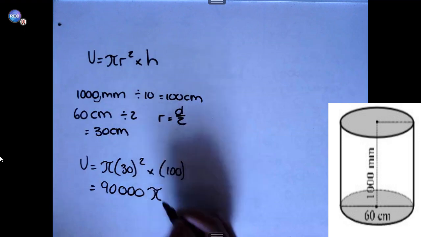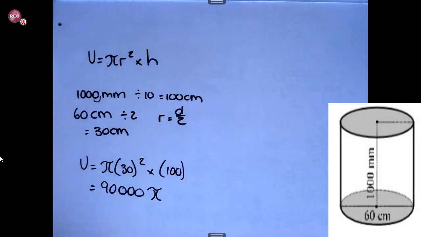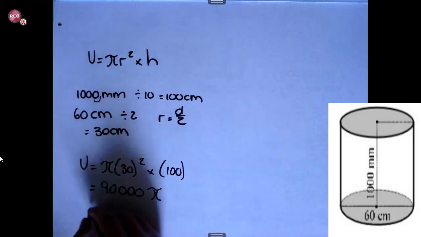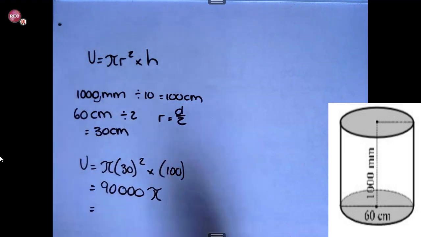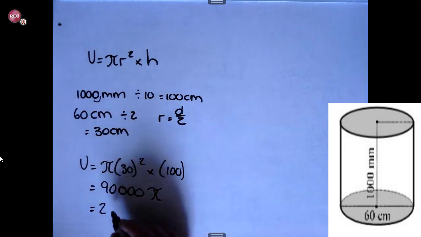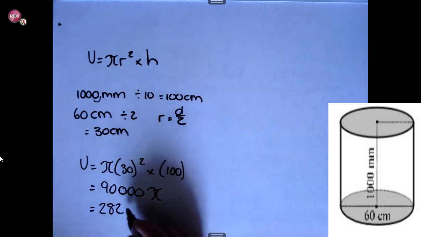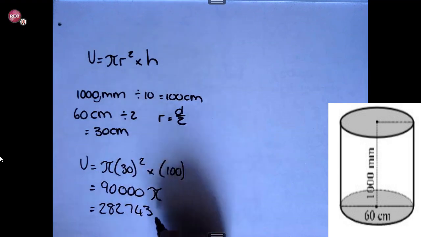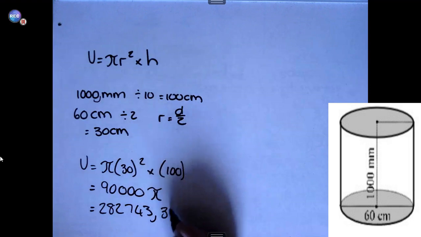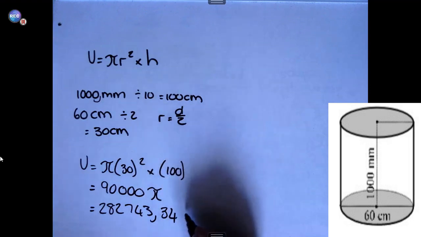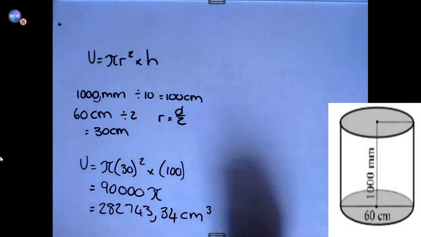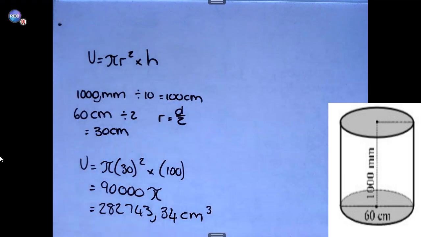Your question will always ask you to round it off to 2 decimal places. So at the end of the day, your volume for this cylinder would be 282,743.34, and that would be centimeters cubed. And there you've calculated the volume of that shape.